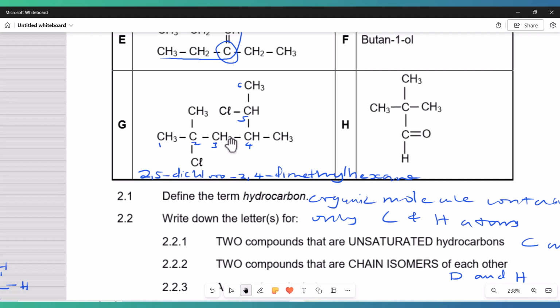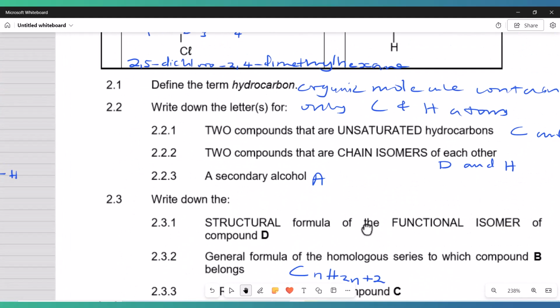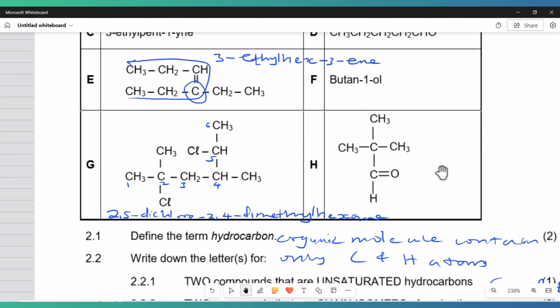Next, we say the G and the H? Let's check it again. Now with our H here, this one is an aldehyde, so that's 3 carbon atoms. Now these are the branches. It's a branch here and a branch here, on carbon number 2.